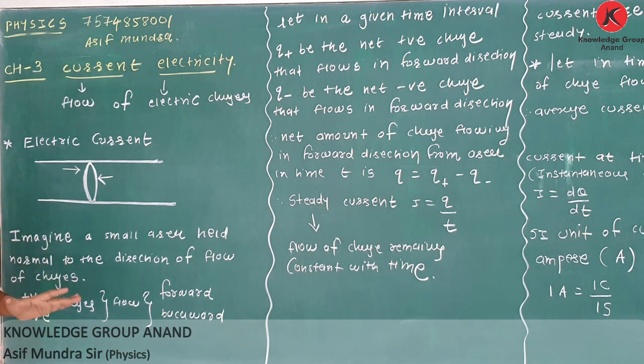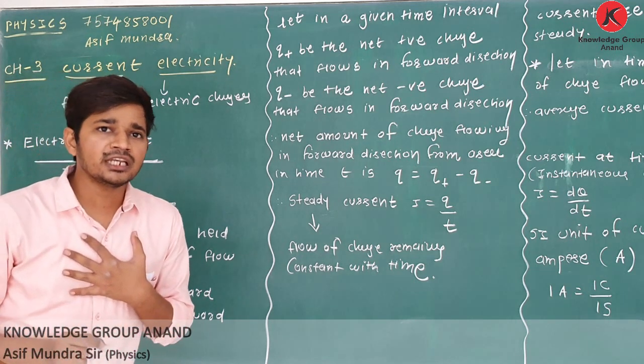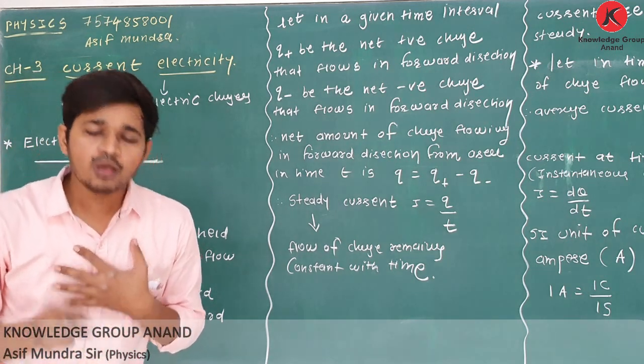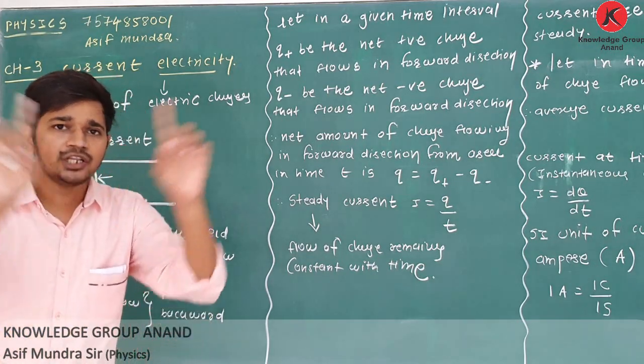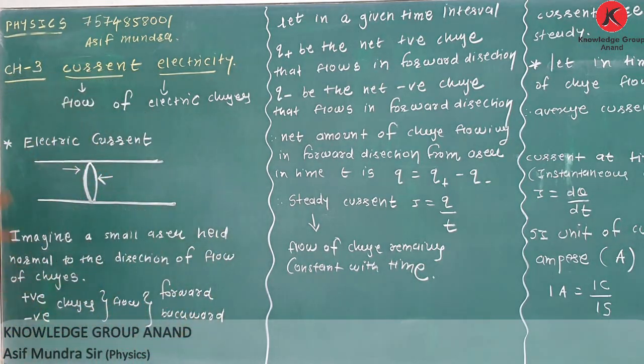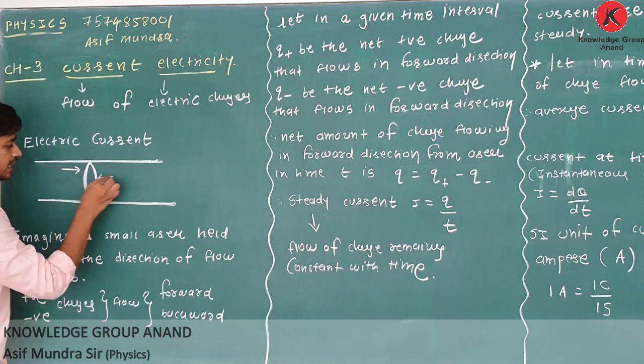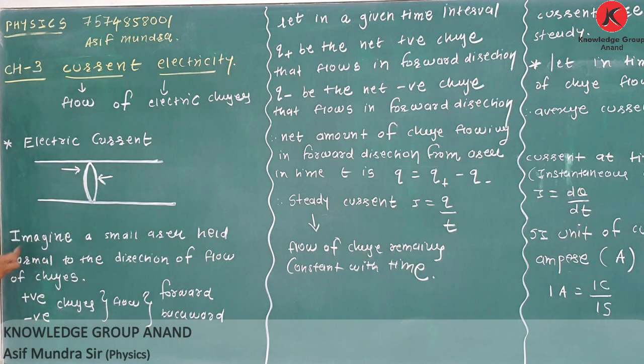It is one general theory. We know that in conductors only negatively charged electrons move. But if both positive and negative charges are moving, then what is the general theory? Positive and negative charges are moving in forward and backward directions.